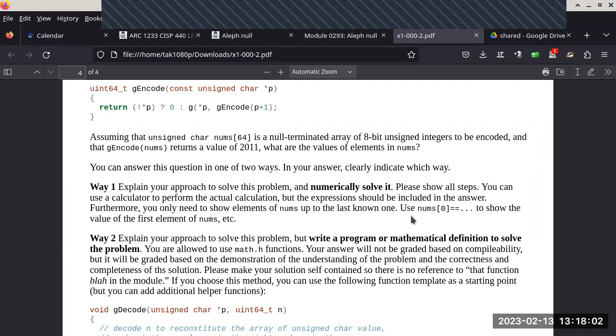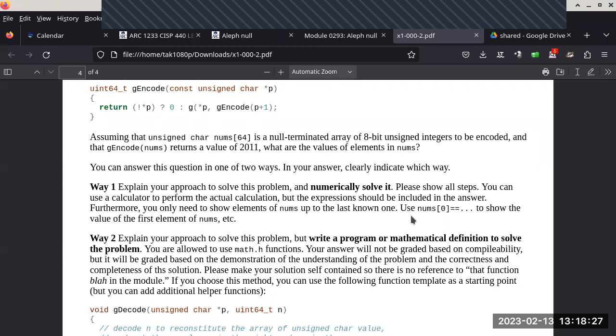I hope you will have that definition with you. You're more than welcome to print out all the modules and bring them with you, but just having those in a pile of paper doesn't mean it's easy to find. So you need to have a good way to index everything and make it easy to find. So once you identify G inverse, how do we do this? We know we ended up with a value of 2011.